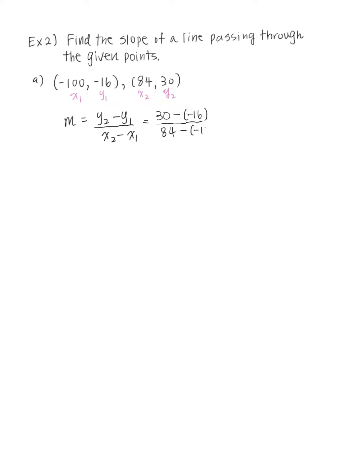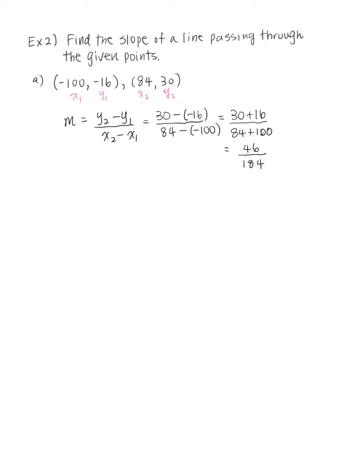So you're going to have minus negative 100, just like that. Then this becomes 30 plus 16, and this becomes 84 plus 100. So this becomes 46 over 184.